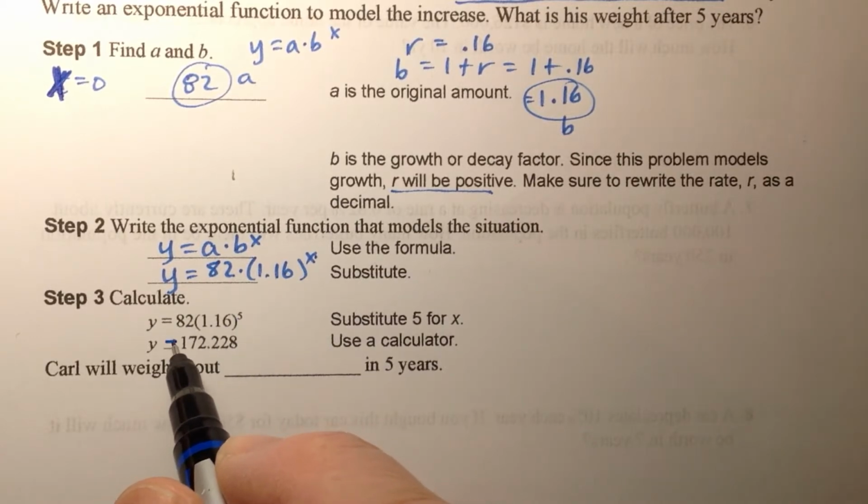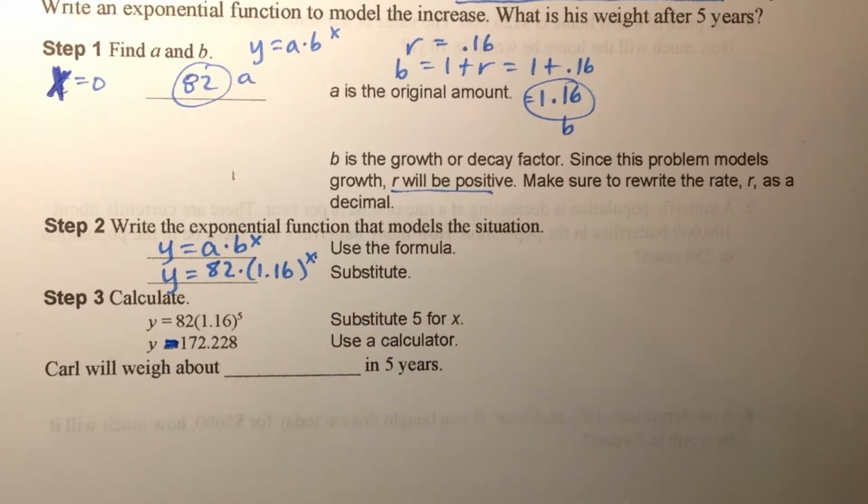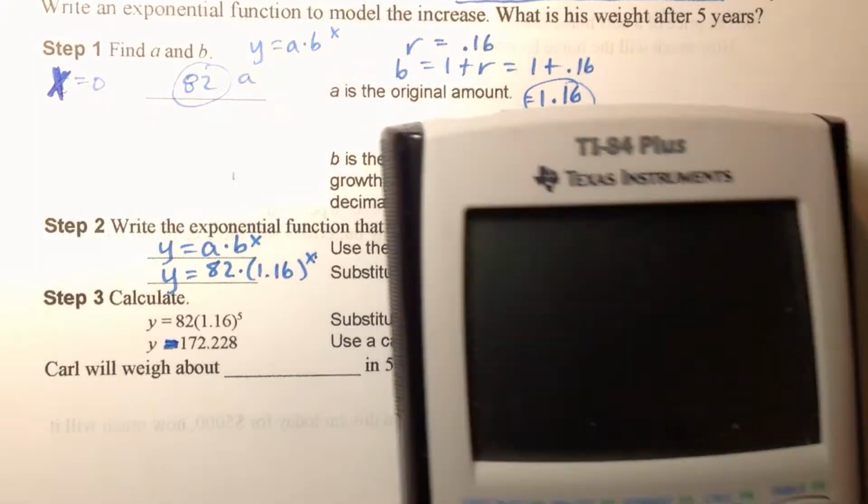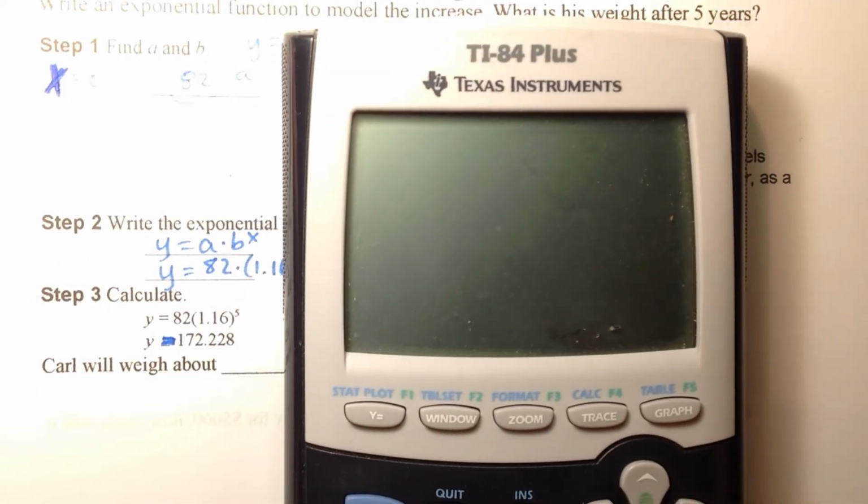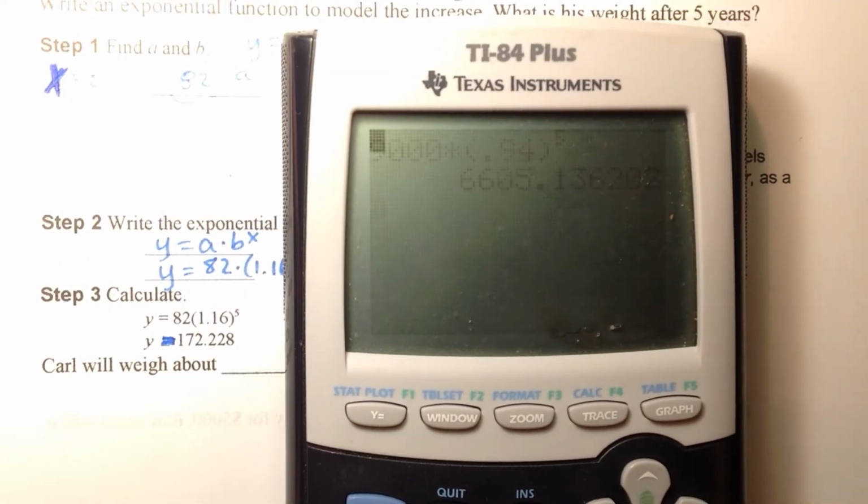So I want to show you how to do that on your calculator. If you don't have your calculator handy, then pause the video and get your calculator. And if you don't have a calculator at all, then just watch what I do. So we want to type that in as 82 times, and then put parentheses around the 1.16, and we raise that using the up caret, the little symbol above the division symbol, to the 5th power.